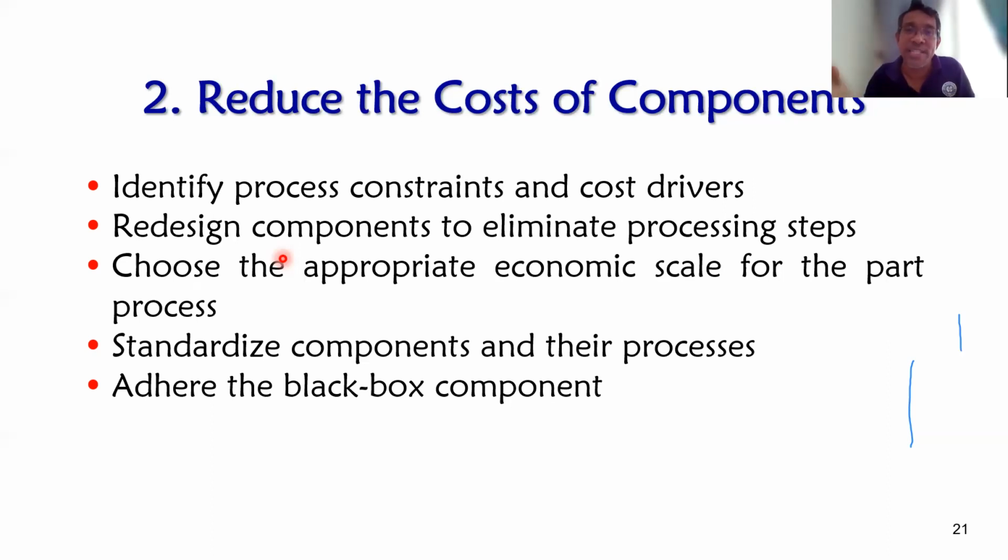But you need to remember that not all processes can be replaced by casting or forging. Some processes can, but you need to make a detailed study to find out whether you can use casting, forging, or extrusion to replace the existing process.